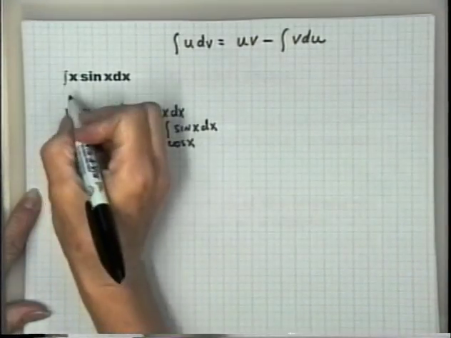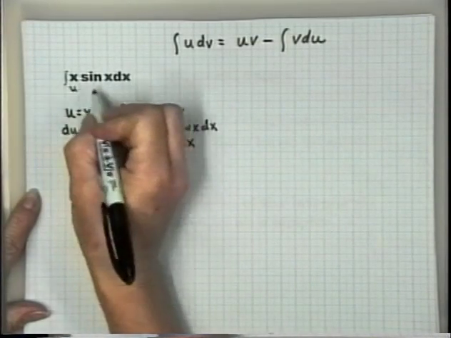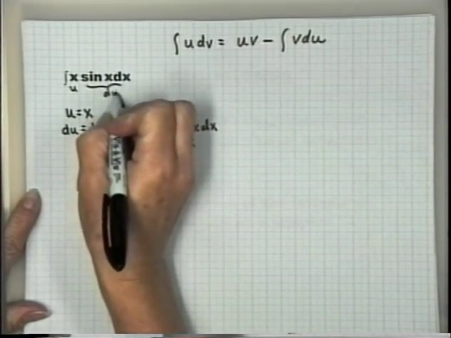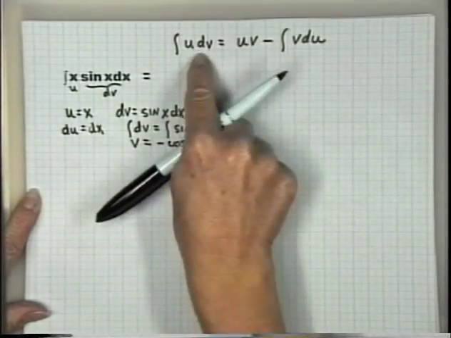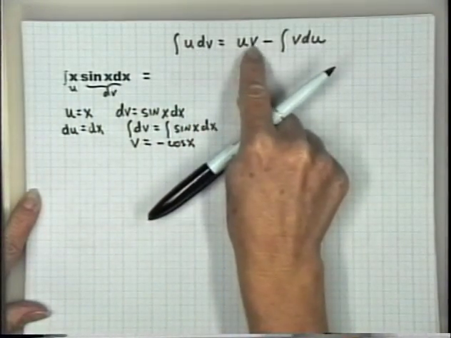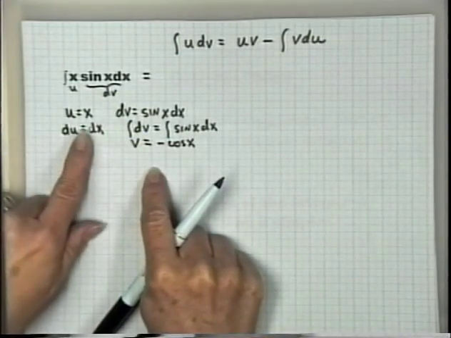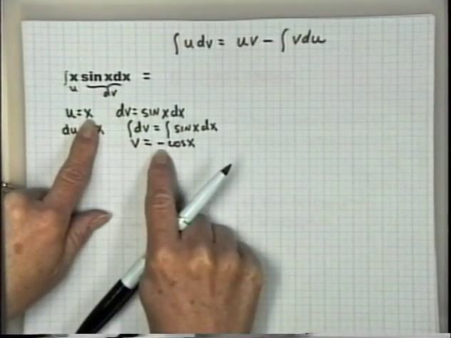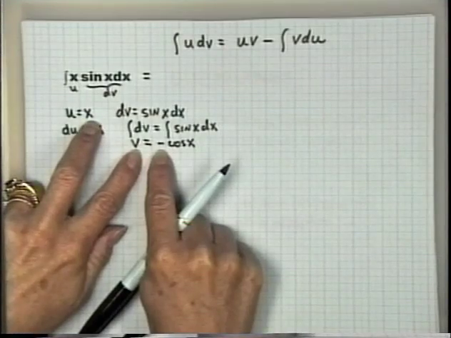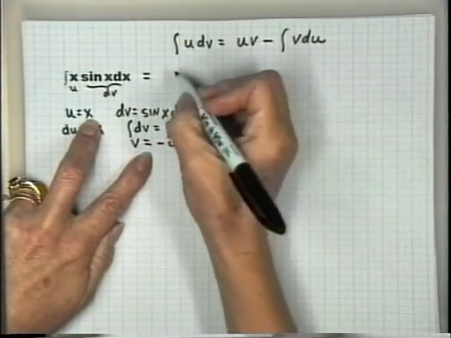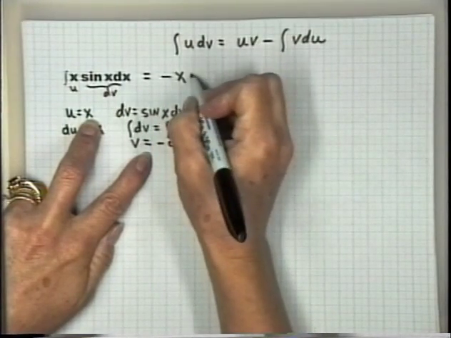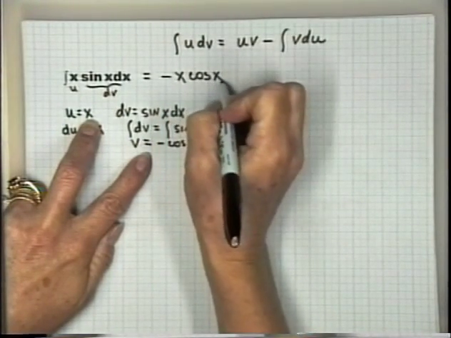Now, we have right here u and dv. Okay? So this u dv integral is equal to, first of all, u times v. We'll look down here. Here's u and here's v. If we multiply u times v, we'll have x times negative cosine x, which we can write this way, negative x cosine x.